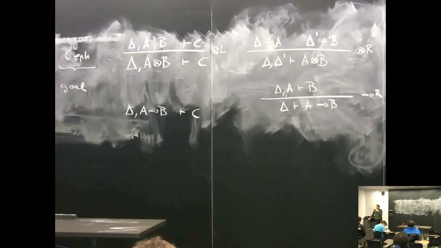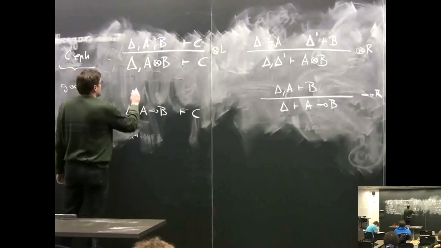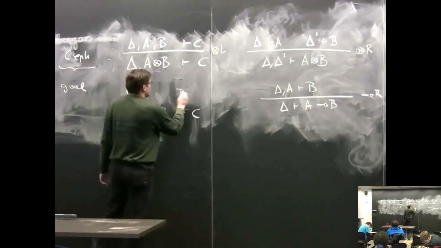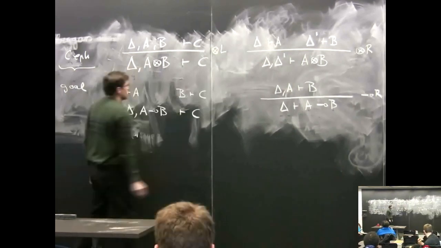You prove A to get B. We prove A, and then we should be able to get B and use it in the proof of C.